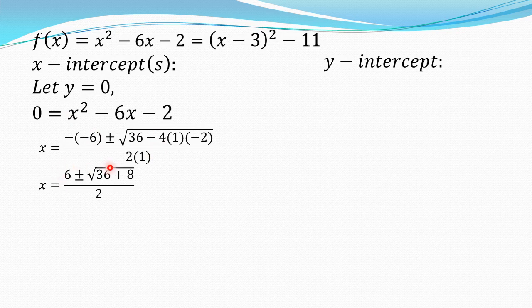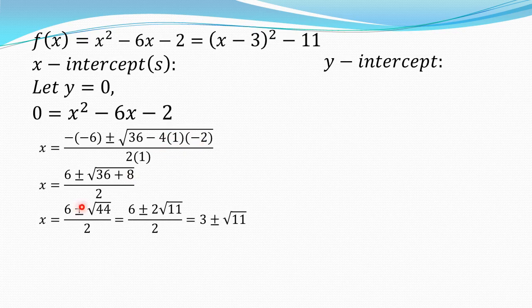This is positive 6, and 36, nothing happens. Negative 4 times 1 is negative 4. Negative 4 times negative 2, so that's positive 8. And we have 6 plus or minus the square root of 36 plus 8, which is 44. And the denominator gets copied. And then this is just 6 plus or minus 2 square root of 11 over 2.